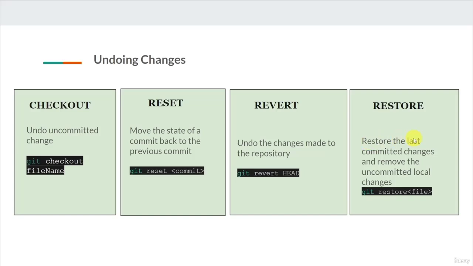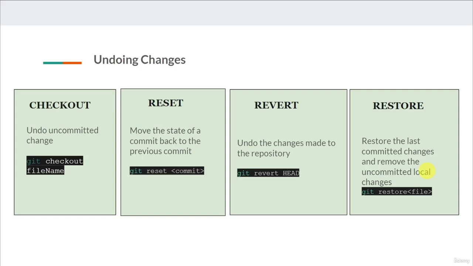Restore the last committed changes and remove the uncommitted local change. For that case, we use restore. We are just restoring the current state. Okay, no worries. This is just a brief introduction to undoing the changes. We will discuss the details in the next slides.